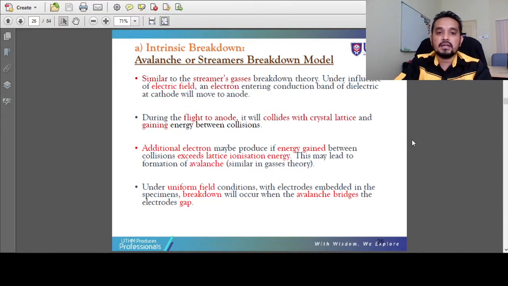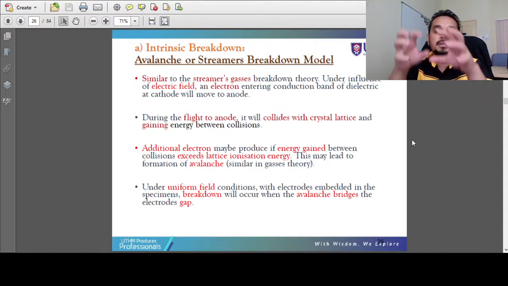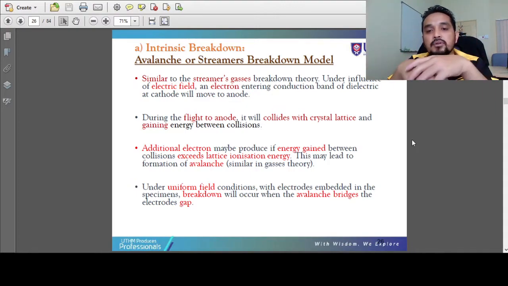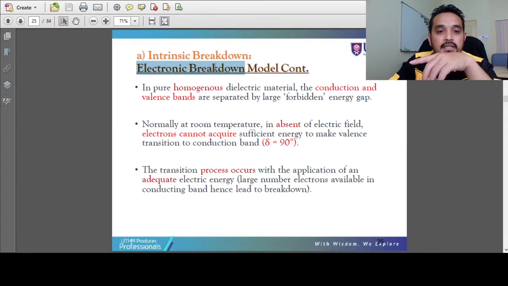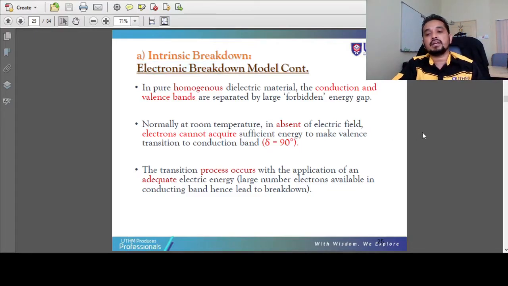Okay, what is avalanche or streamers? It's simple. Just imagine it is the secondary process of the electronic breakdown. Why do I call it a secondary process? What will happen after the electron manages to escape away from the valence band?